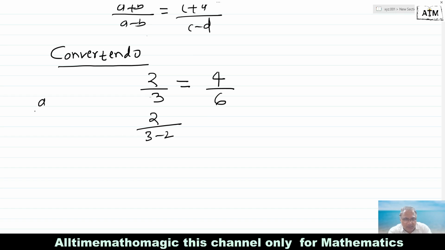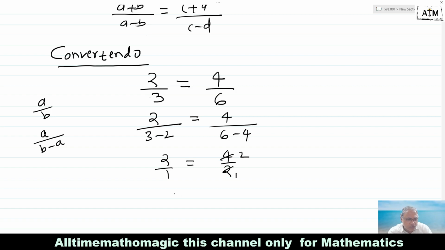That is, if A upon B is there, then I perform A upon B minus A. So 2 upon 3 minus 2 equals 4 upon 6 minus 4. So it is 2 upon 1 and it is 4 upon 2. 2 ones are 2, 2 twos are 4. So we get 2 equals 2.